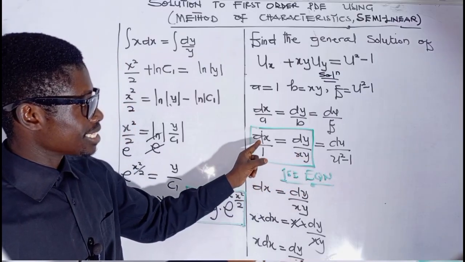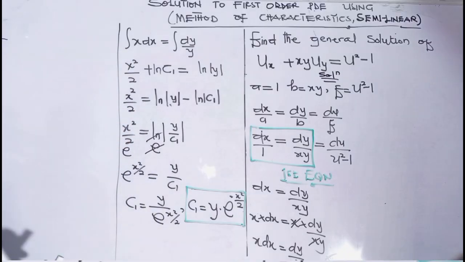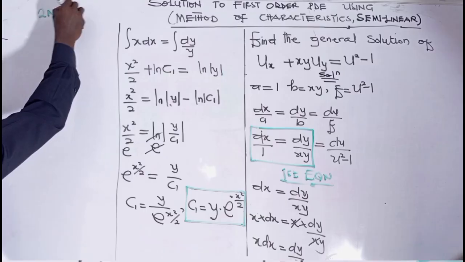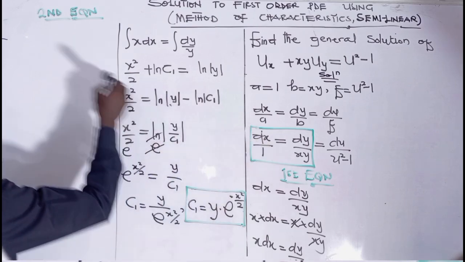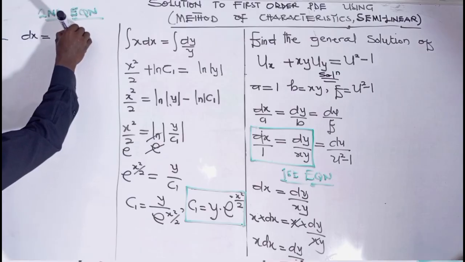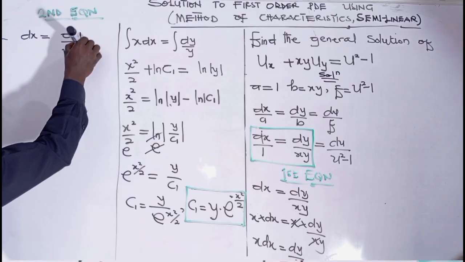So why don't we pick the x and then the u, so that we can apply other methods to solve such equation. So we are pairing the x and then the u. So we have dx is equal to what? The u all over u squared minus 1.